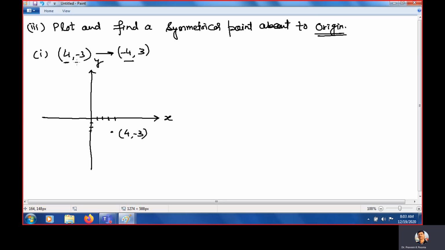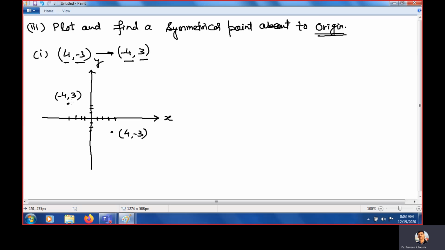So this is the point minus 4, 3. Because the original point was in the fourth quadrant, the same point we get in the second quadrant. Understand? So first and third quadrant you need to notice, second and fourth quadrant you need to notice.